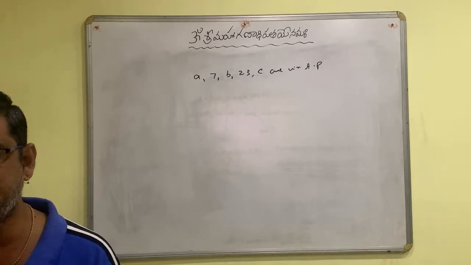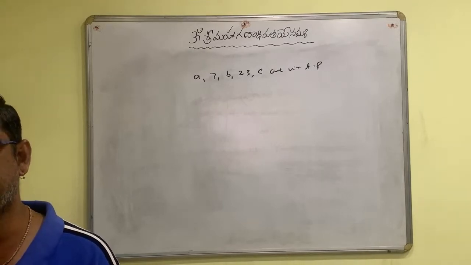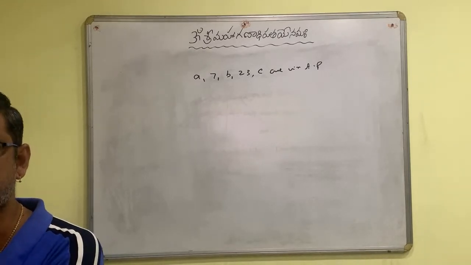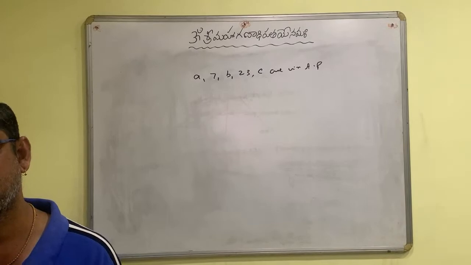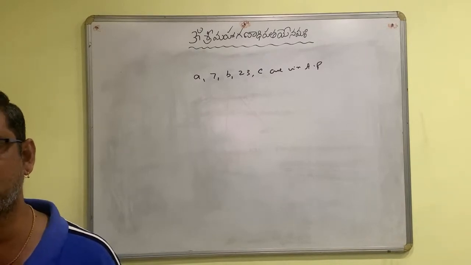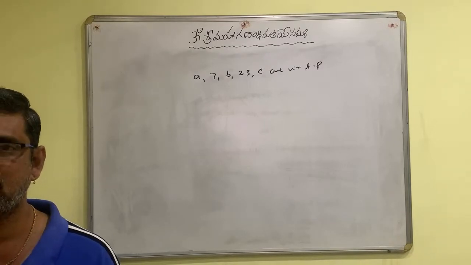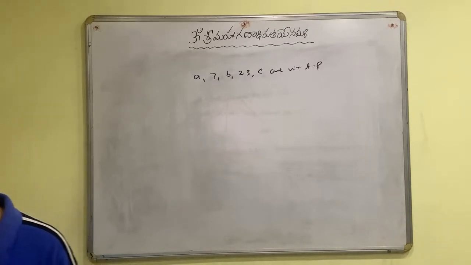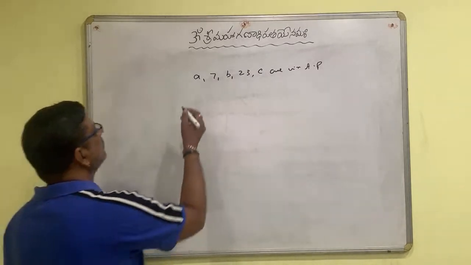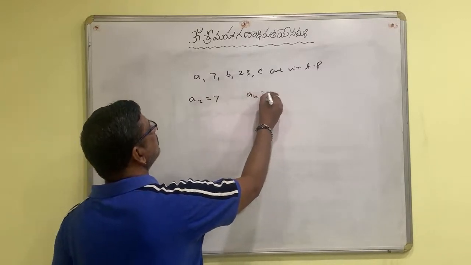So if we see, first term is A, second term is 7, third term is B, fourth term is 23, fifth term is C. So we don't know first term, third term, fifth term. We know second term and fourth term.